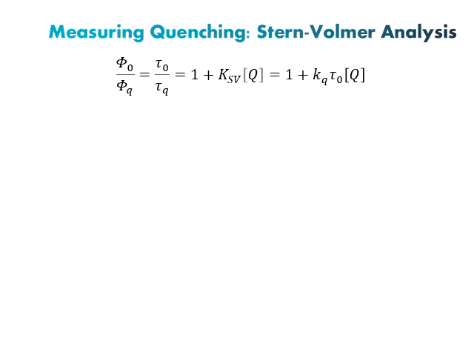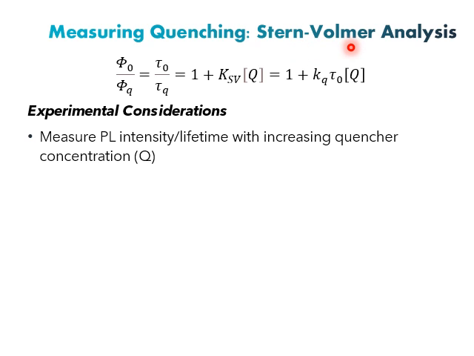So the rate constant for quenching, KQ, is measured using what's called Stern-Volmer analysis. What you do is measure the photoluminescence intensity or quantum yield.